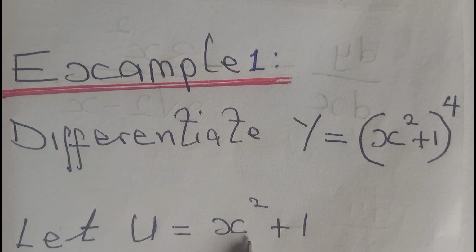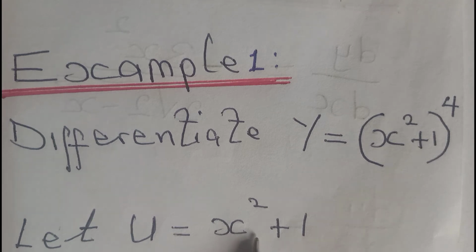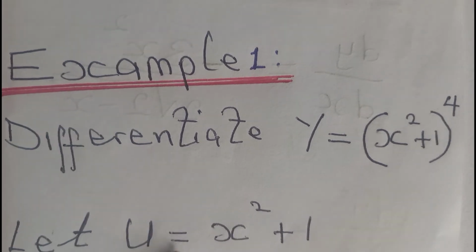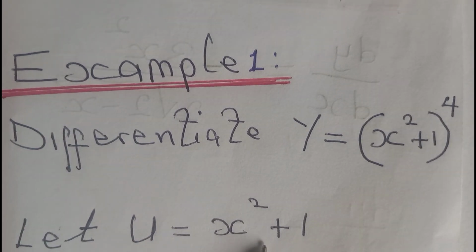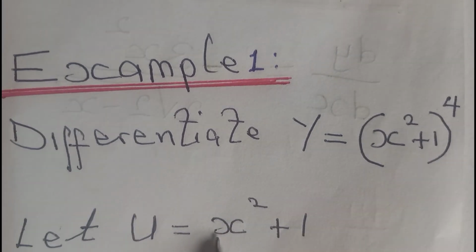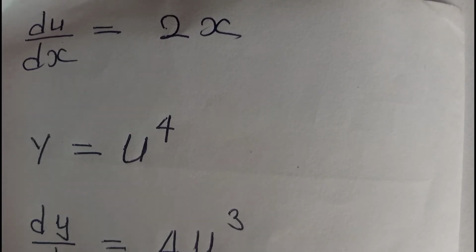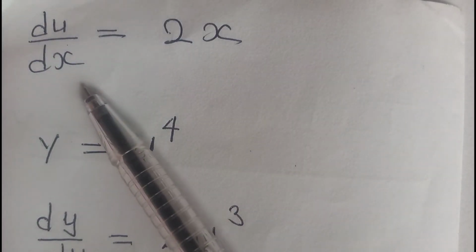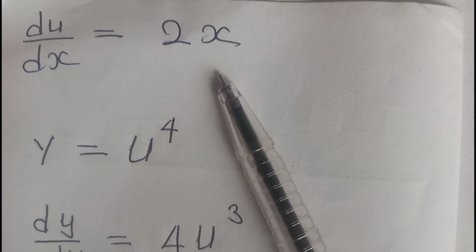That means get du by dx. If you get du by dx, you're going to have 2x. You're differentiating this term by term. The 2 will come down, subtract 1 from it, then you will have 2x. Yes, your du by dx will be equal to 2x.